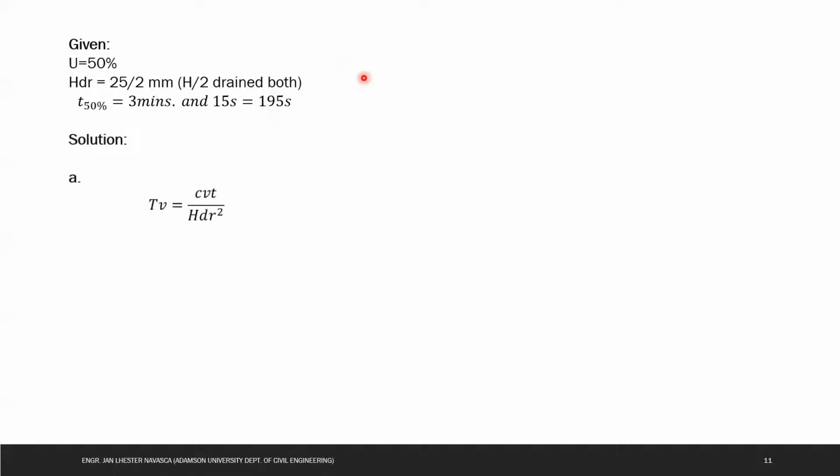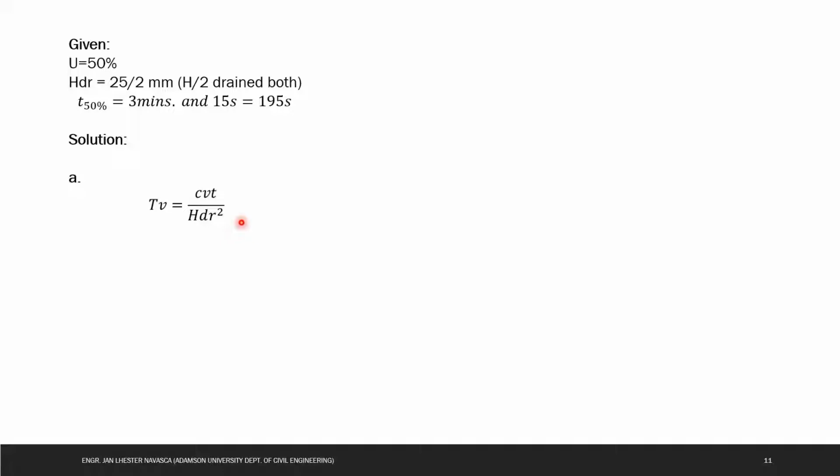So for the solution in problem A, you just need to find the coefficient of consolidation. According to the formula, the time factor T_v is related to the time it takes for a given degree of consolidation and the height of drainage squared.